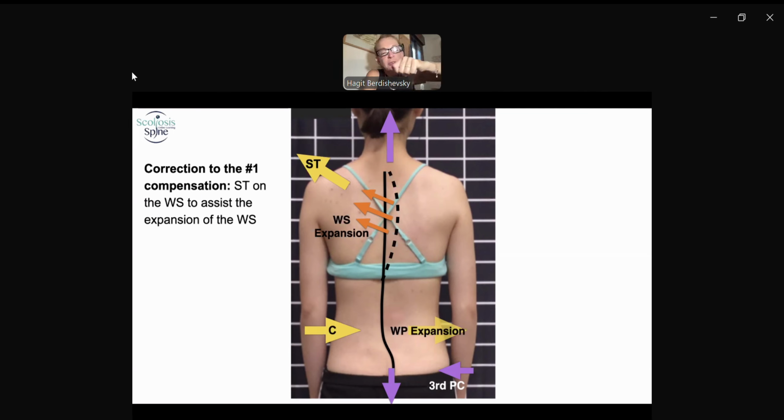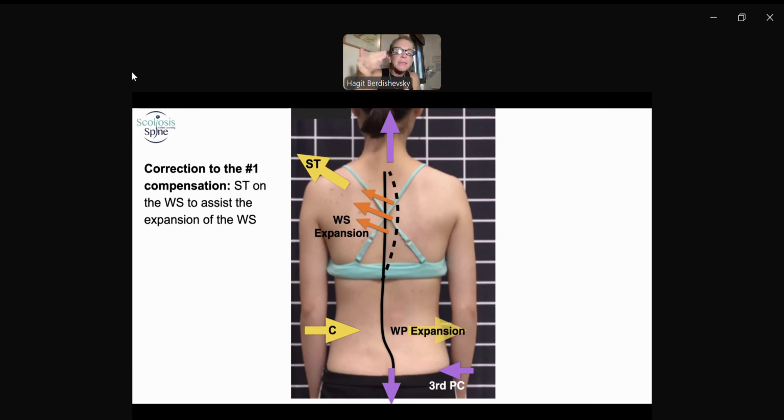Then I bring this shoulder traction, and it's like a hook. It will expand and bring the spine from the right to the center. It's an assistant, this shoulder traction assisting the weak side expansion. Why does it need an assistant? Because usually it's not a large part, or there is more force from the lumbar pushing it to the right.